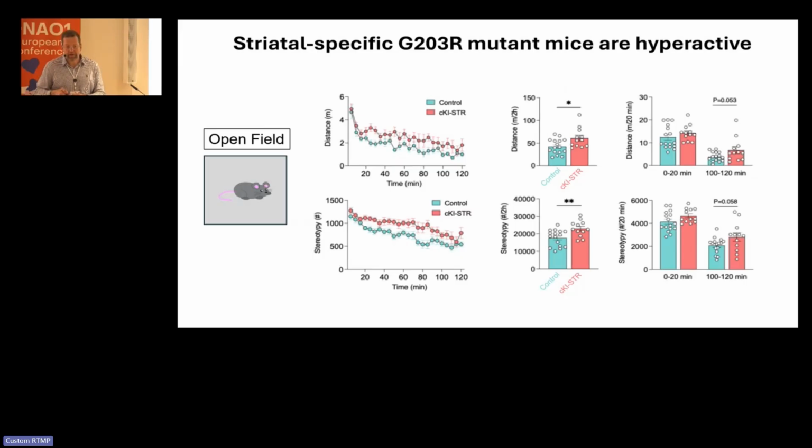It's interesting that the activity increase shows this peculiar pattern. In the very beginning of the test, when the mice are just beginning to be acclimated to the novel environment, the hyperactivity is minimal. And then as the animals go on in this testing, the hyperactivity levels are increasing.